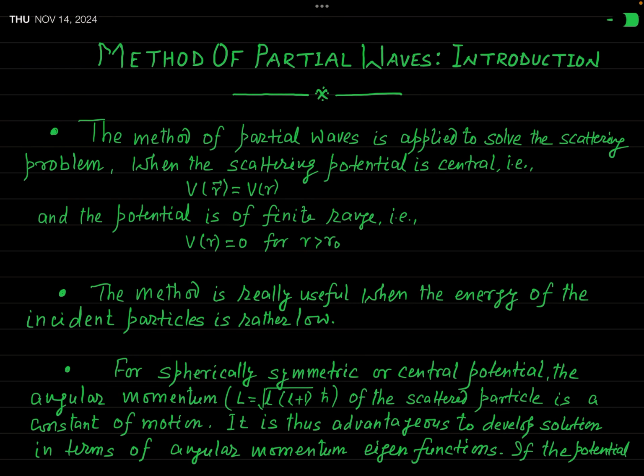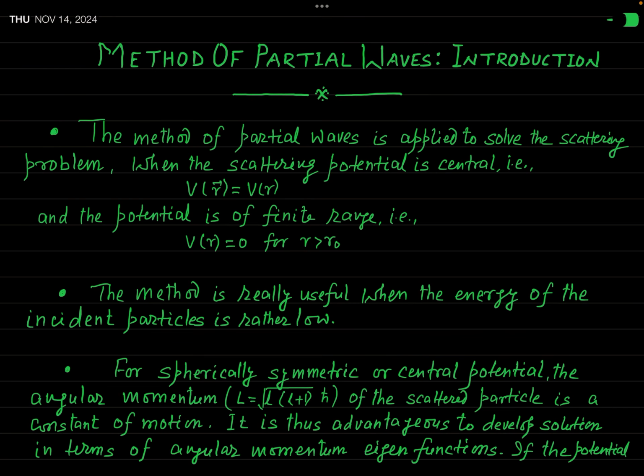And what type of potential you are using for the scattering process actually decides which method will be applicable. So when you talk about the method of partial waves, then you should know that this method can be applied only when the potential is a central potential and it is of finite range.